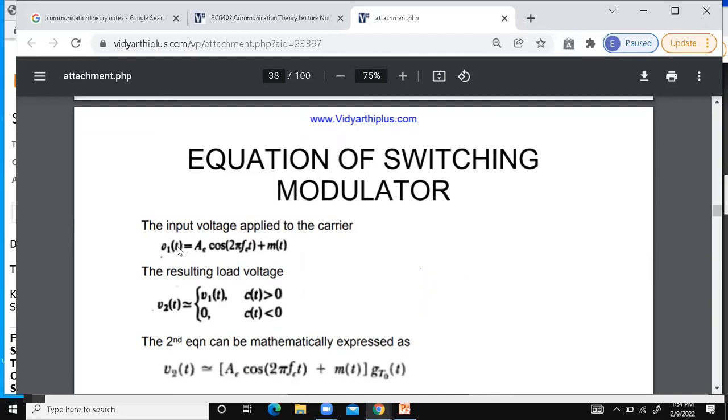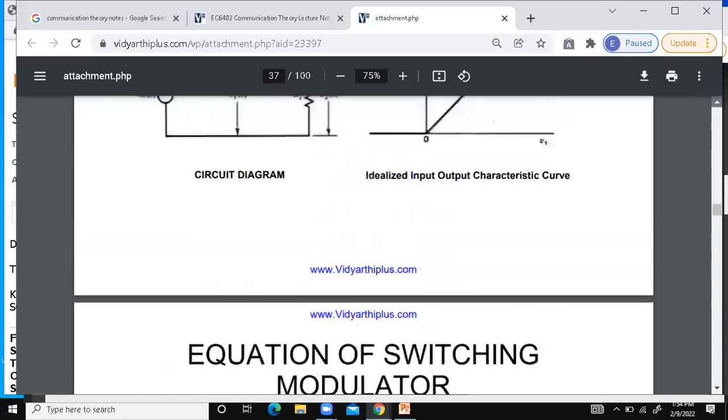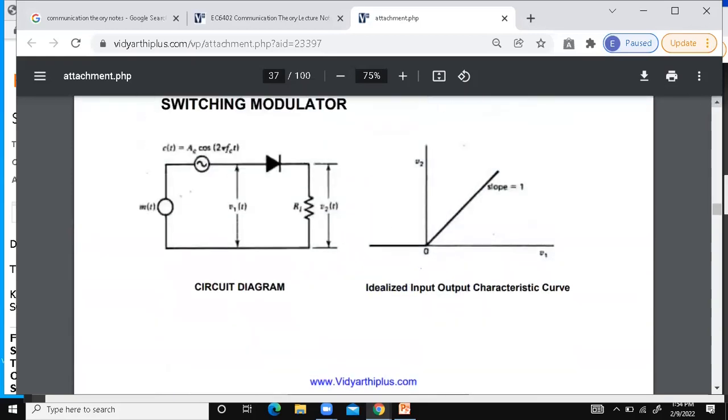You help me here now. Based on your knowledge of diode, you have this sinusoidal carrier. Explain to me what goes on here.